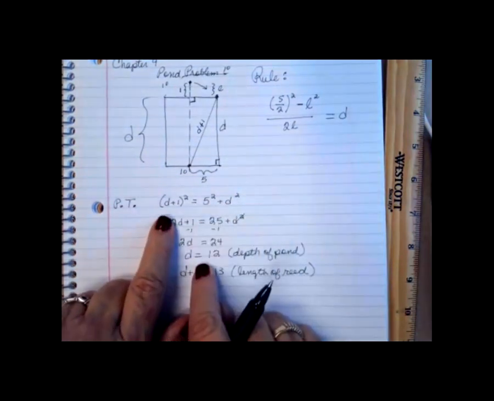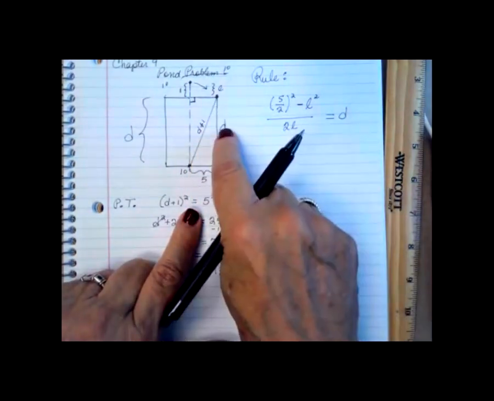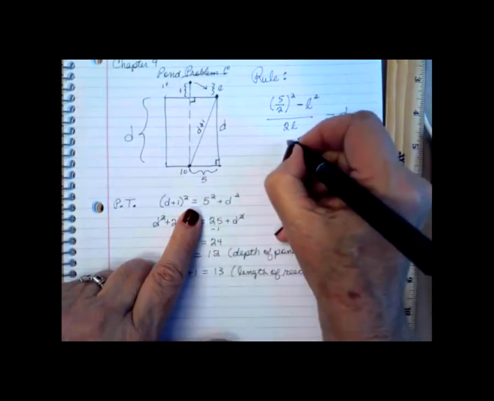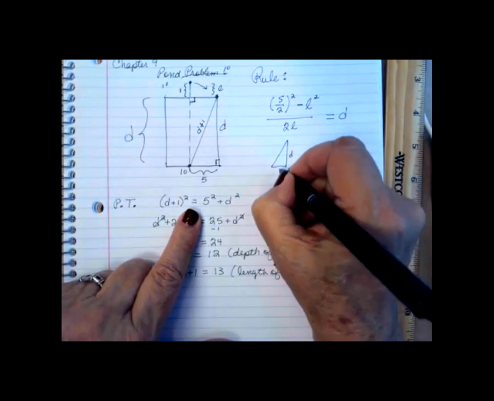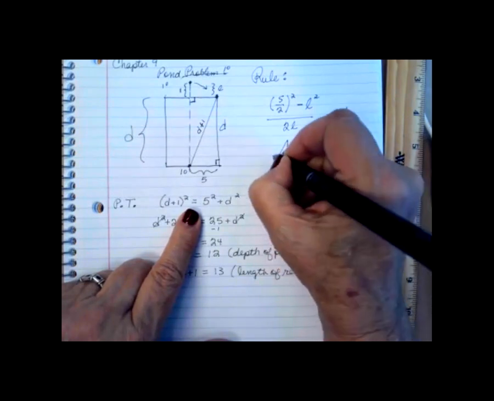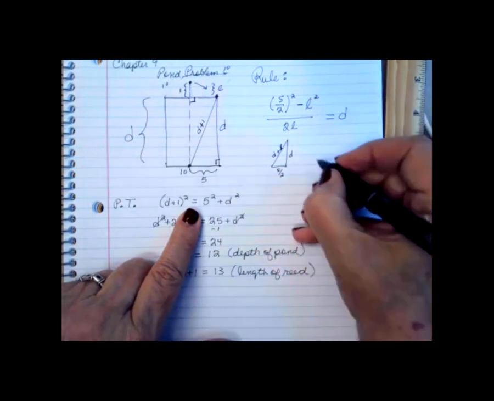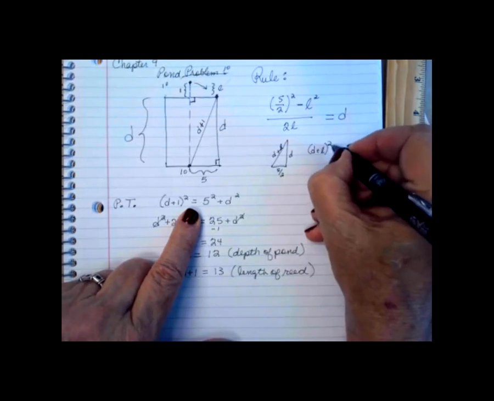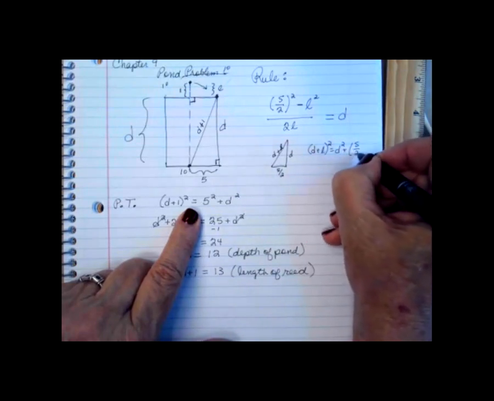All right, look down here. Suppose I set this up in the same way so that this is D. I'm going to generalize this again. This is D, this is S over 2, and this is D plus L. So using the Pythagorean theorem, I've got D plus L squared equals D squared plus S over 2 squared.